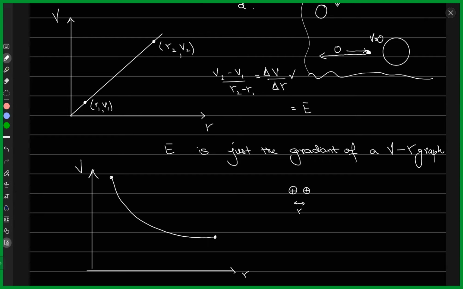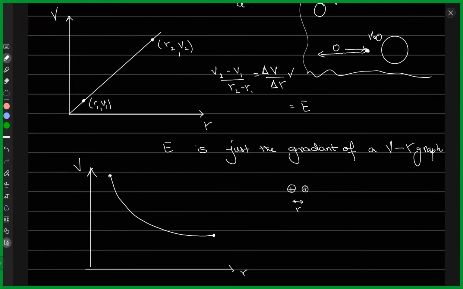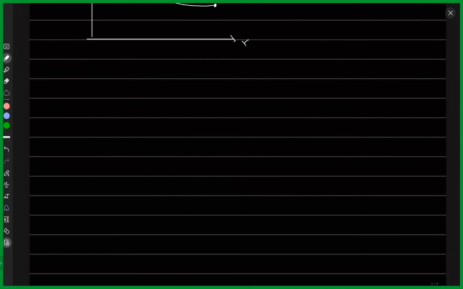So this is one of the points that I was trying to get across. Now, let's do an example. Before we do an example, let me also talk about the electrical potential energy, which we talked about initially, but let's discuss it in terms of a graph, right?